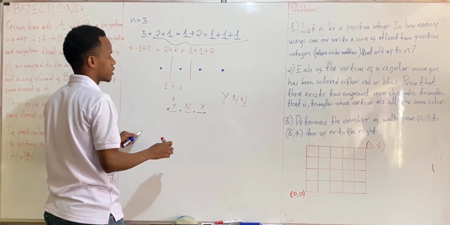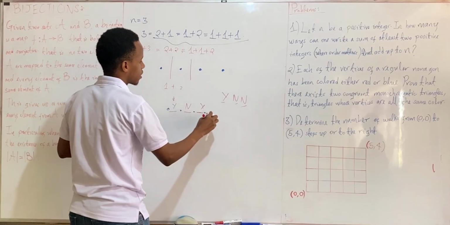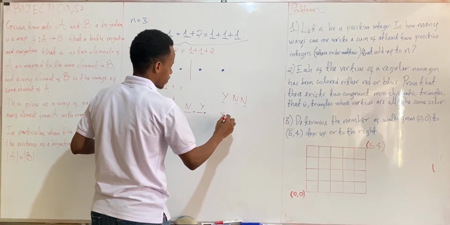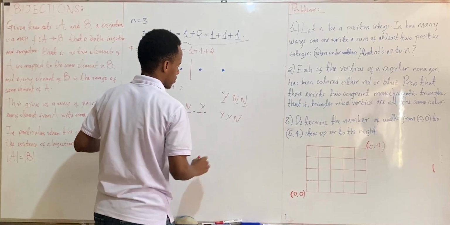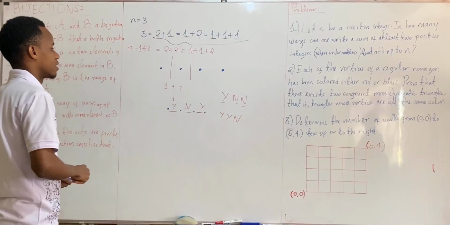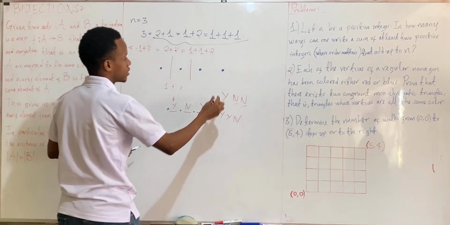This can be represented by these bars, where in the first place we have a bar, so we put a yes. In the second place we have a bar, so we put a yes, but in the third place we don't have a bar, so we simply put a no. So this word represents this partition here.